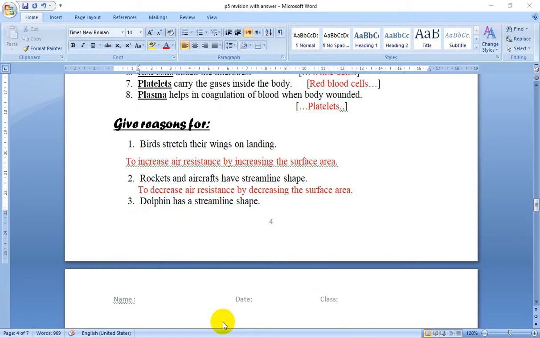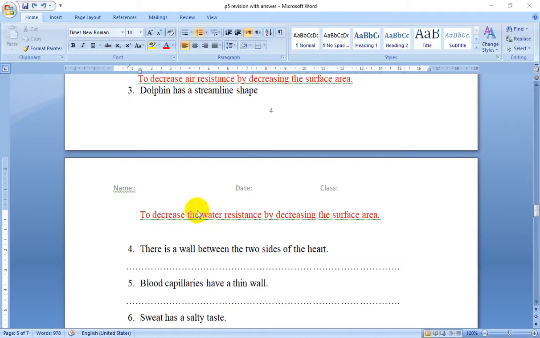Number 3, the dolphin has a streamlined shape. The same answer, but here we are talking about object and water, not object and air. So we say to decrease water resistance by decreasing the surface area.